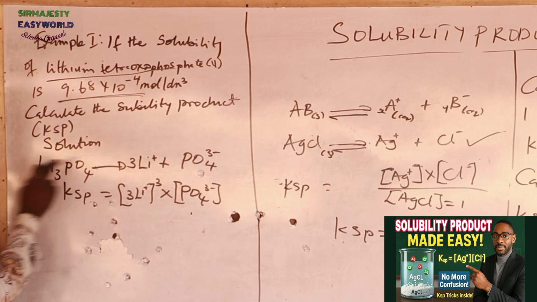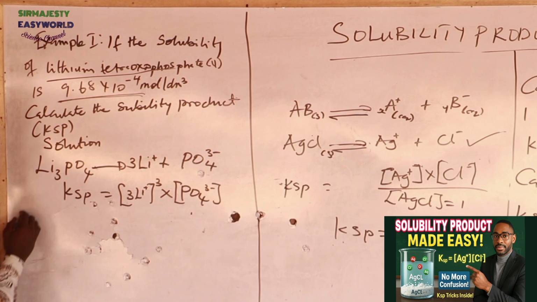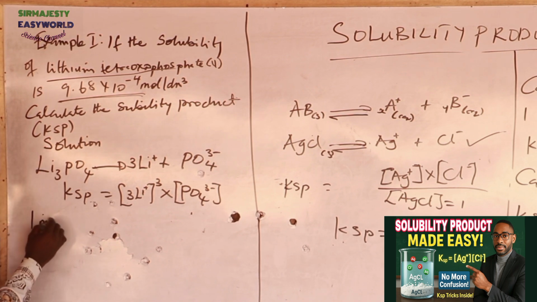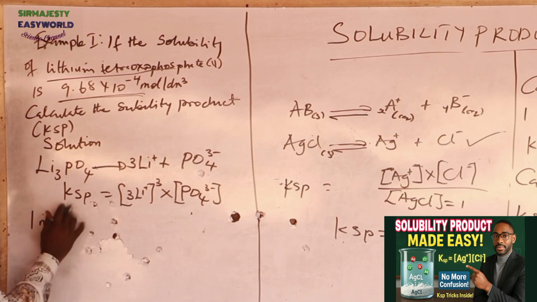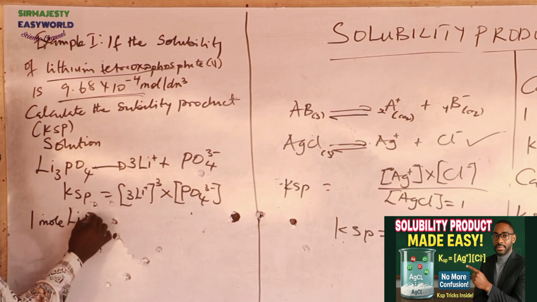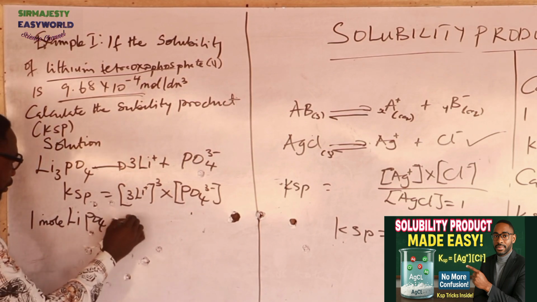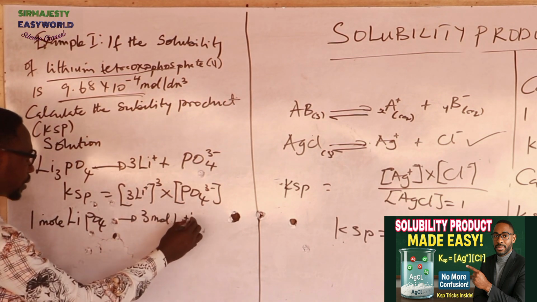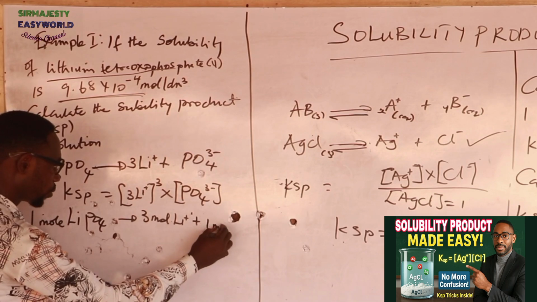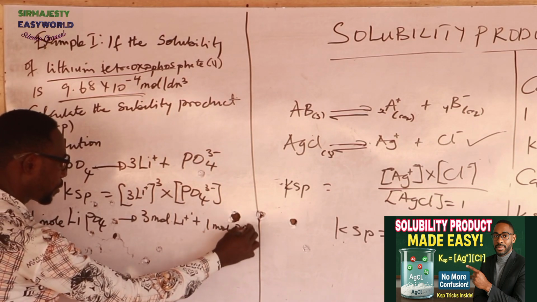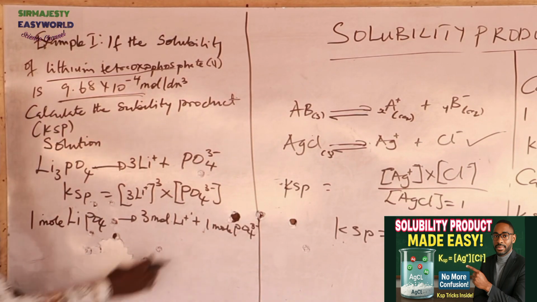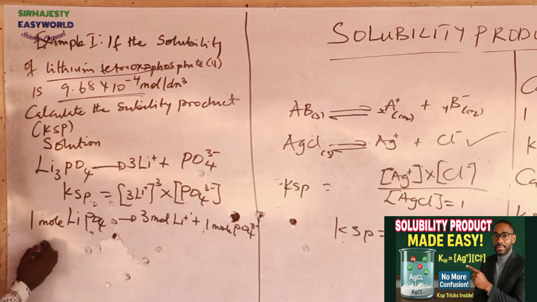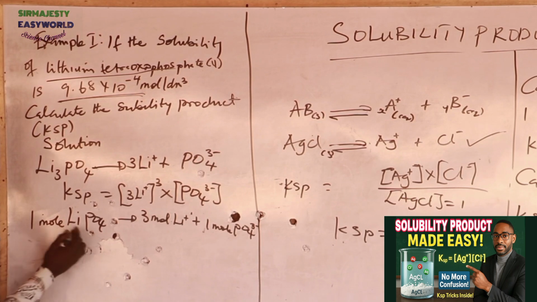That means that from this we balanced it. Permit me to bring this down. This implies that 1 mole of lithium phosphate will dissociate to give 3 moles of lithium ion plus 1 mole of PO4^3-. So the product of this whole ion, and they gave us solubility. This also implies that our solubility here is S.